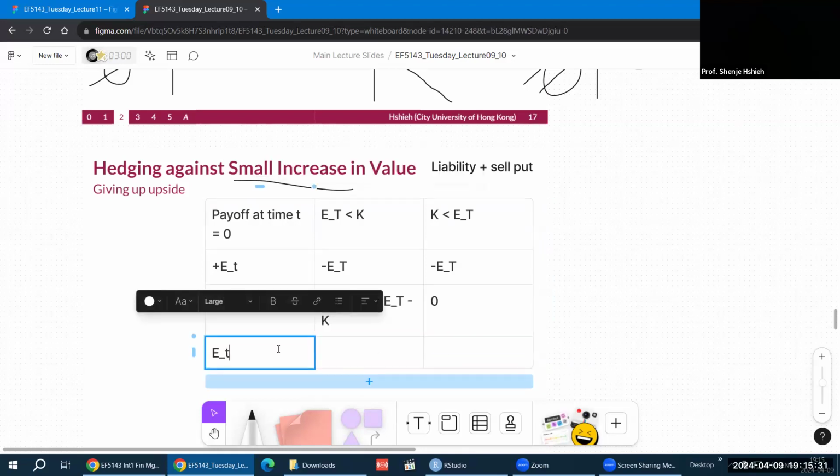Our payoff, therefore, is going to look like this.